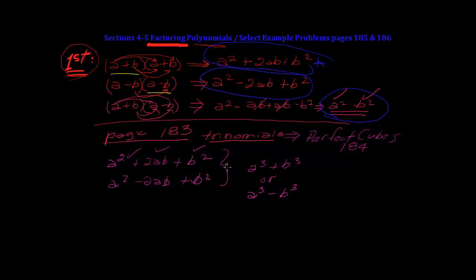So again, look at the similarity here, and I think this will help you. The similarity here is this is a sum of perfect squares, which is up here. This is a plus b squared.